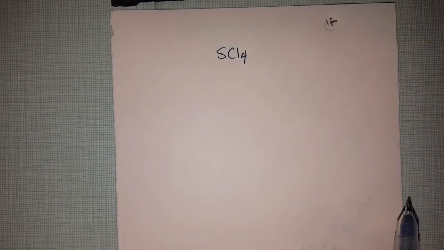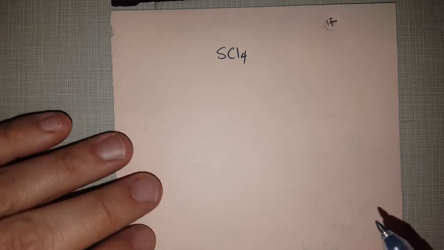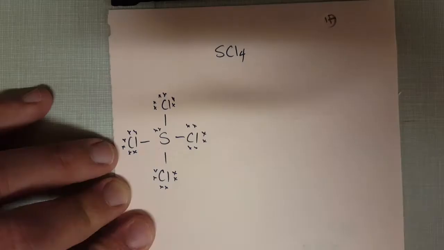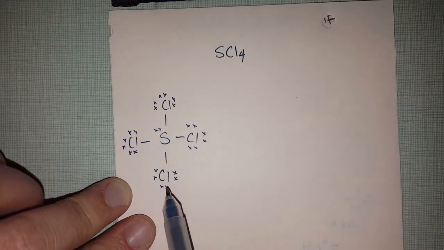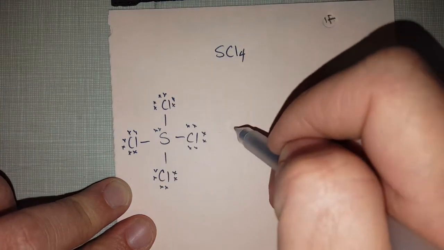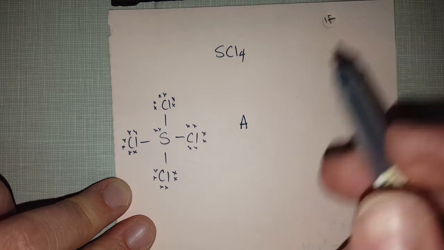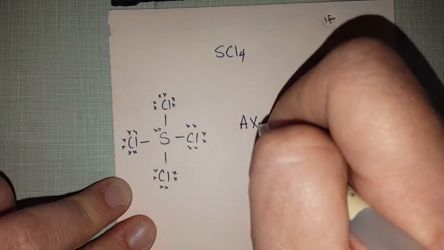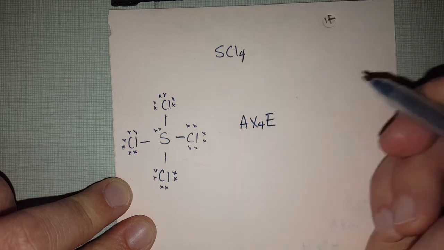Okay, so we'll start off with sulfur tetrachloride, and the first thing we need is our Lewis structure. Okay, so now we have our Lewis structure. We can see that if A represents my central atom, I have 4 bonds and 1 lone pair.